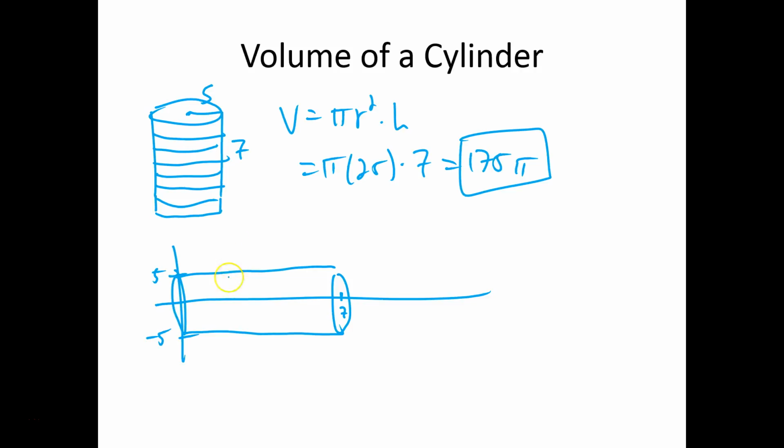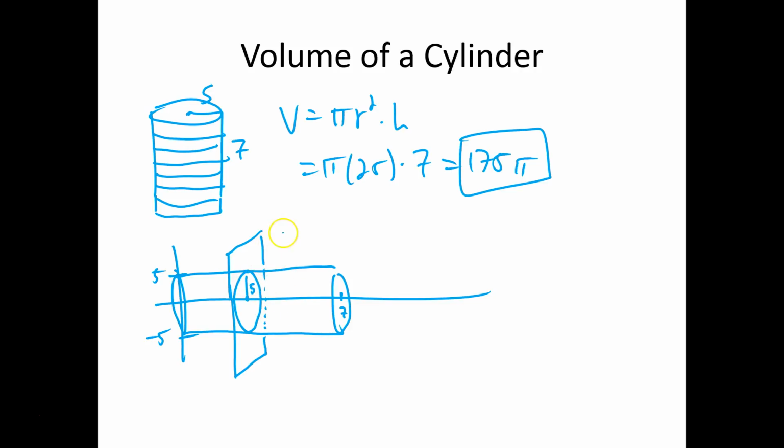And if we think about taking a cross section here, if you sliced this with a plane, that would give us a cross section that's a circle. And I think you agree with me that no matter where we put this plane, from 0 to 7, every one of them would have the same cross section. It would have a radius of 5.